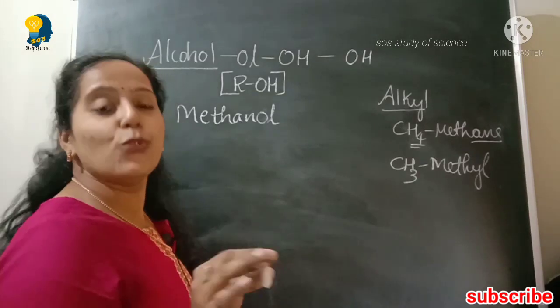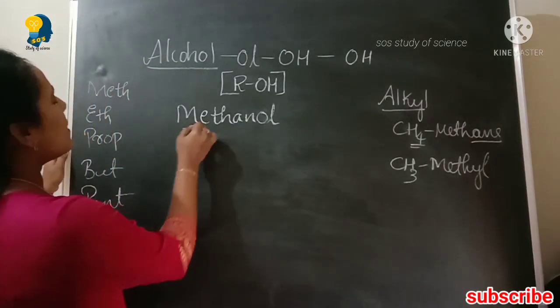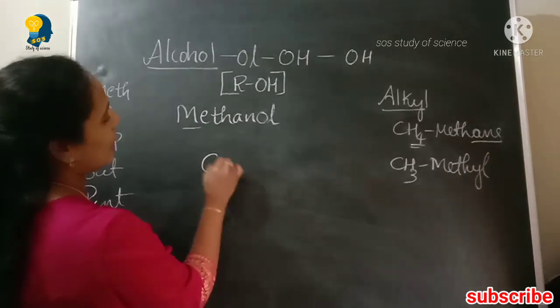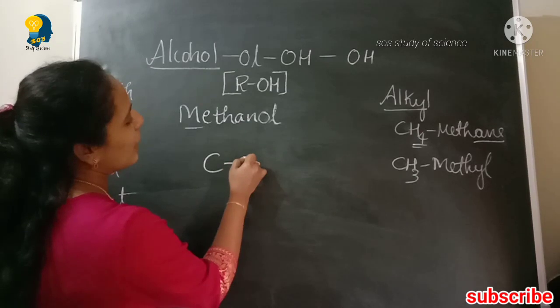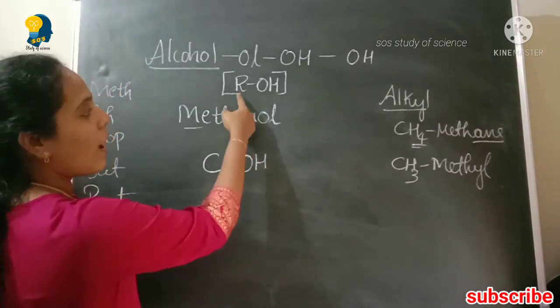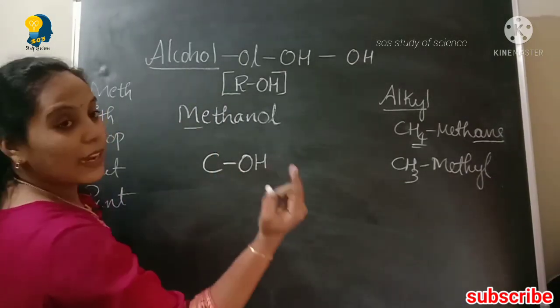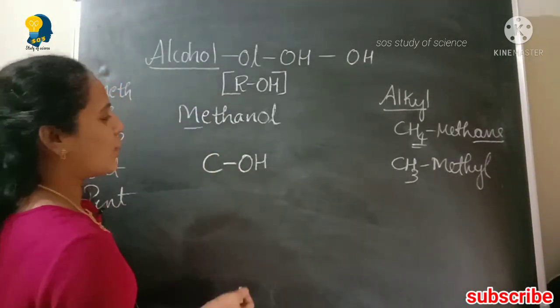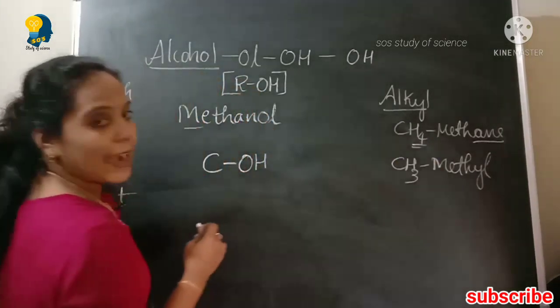Let me first teach you the simplest way of writing the formulas. Meth is nothing but one carbon. This one carbon is getting attached to our functional group. I told you R is our alkyl, alkyl means removing one hydrogen. In the case of meth, there were 4 hydrogen atoms.